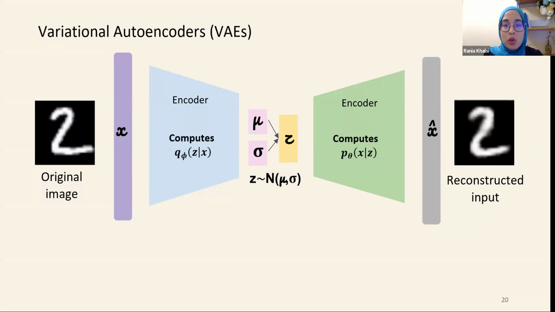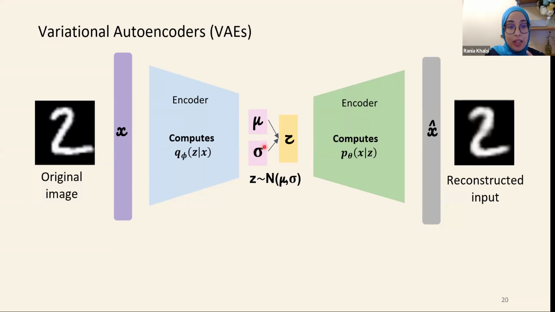So it is trying to compute the probability distribution of the data given the latent variable z. This small twist is that before, we just had z, the latent representation. Instead of only considering z as a deterministic point, we now consider mu and sigma.